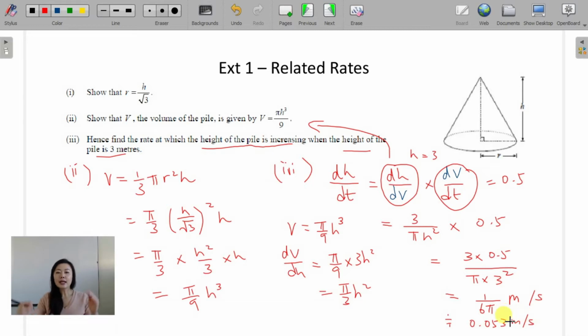So it means that as you pour that grain into the cone at 0.5, sorry, it wasn't centimeters, it was meters cubed per second, your height is growing at 0.05 meters per second. Yeah, so as you increase the volume of this, the height of this cone is growing at that rate. That's what that rate means.